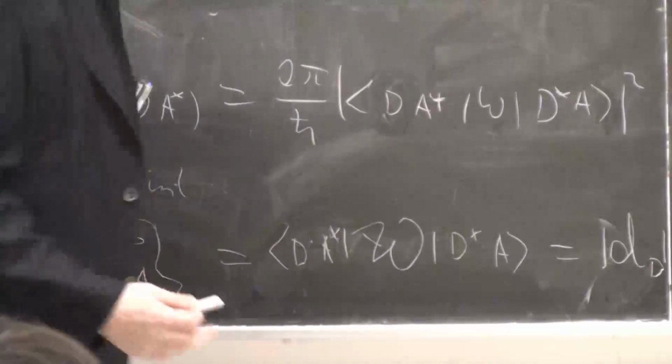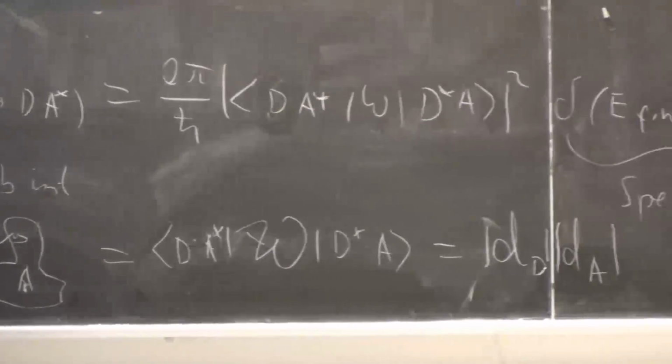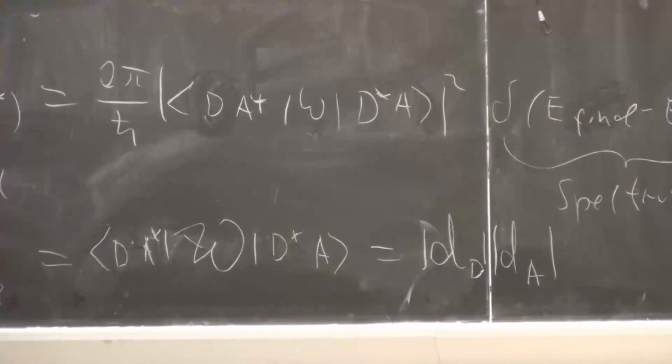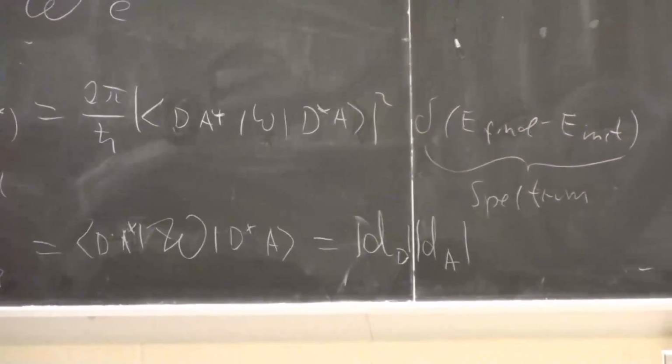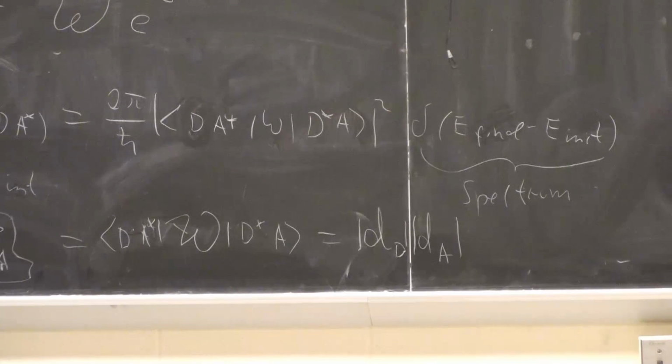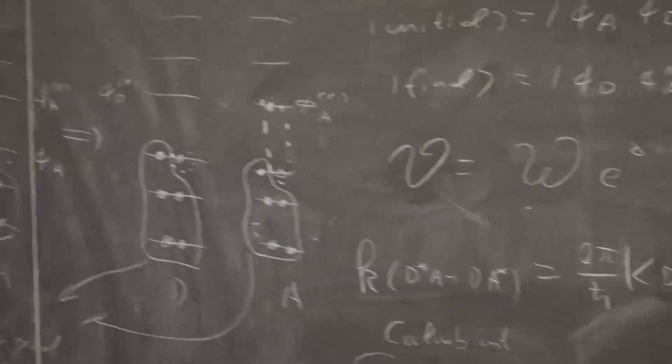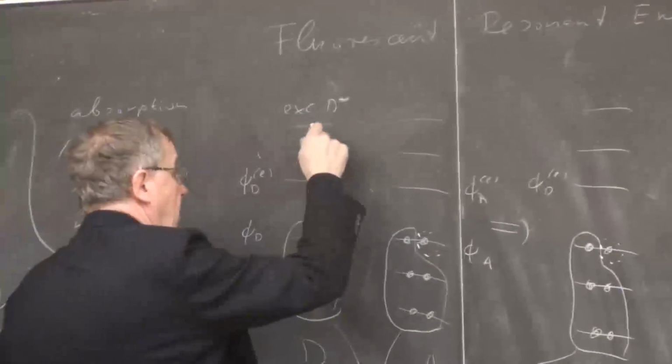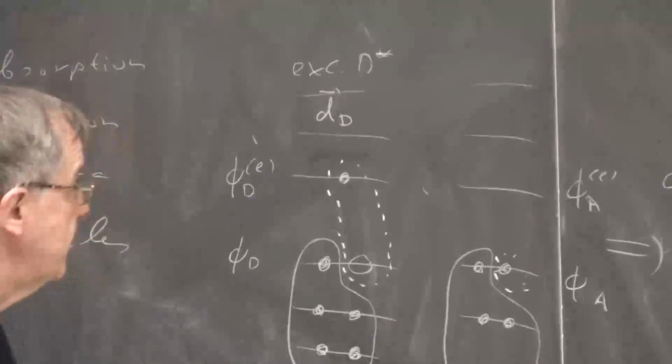These are, and I will introduce them in a second, the transition dipole moments for these excitations in the donor and the acceptor. We have here an excitation, and we have here an excitation. So here we have an excitation. This is the excited state donor, and it comes with a transition dipole moment dd.